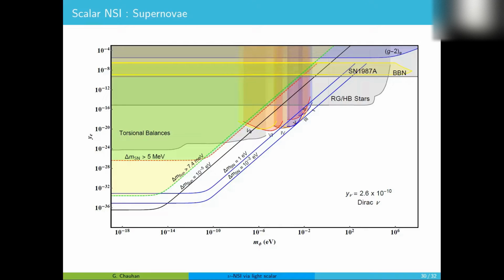Yep. So other ones are just proper constraints. They have some values for these things. If you are thinking about 90% confidence, this is a 3 sigma range for this delta M_SN. I think that is the only one you can ask about confidence level, because other ones, like this supernova one, it's a heuristic bound like 5 MeV. It can have maybe a little bit of scatter over here to here, but you will need to calculate it properly.